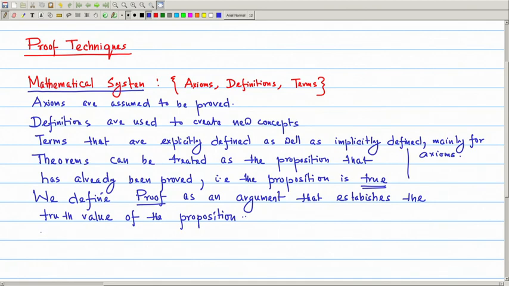So, different forms of arguments mainly are the different proof techniques.